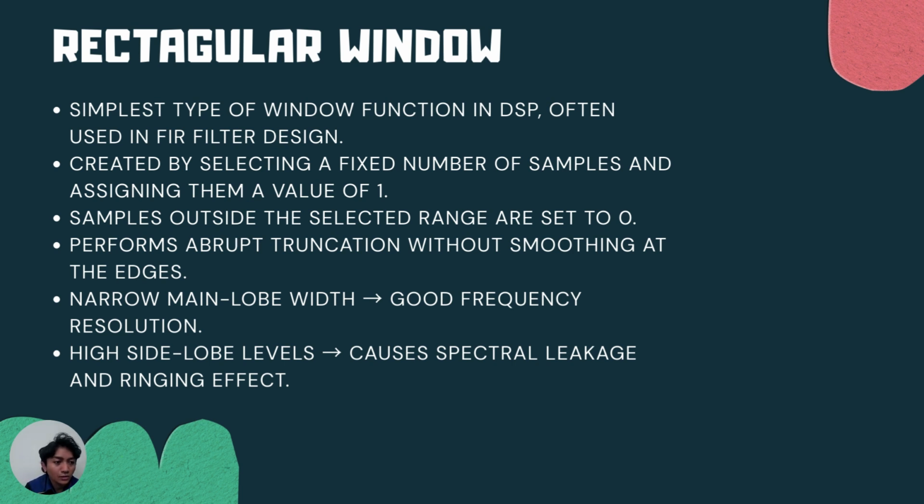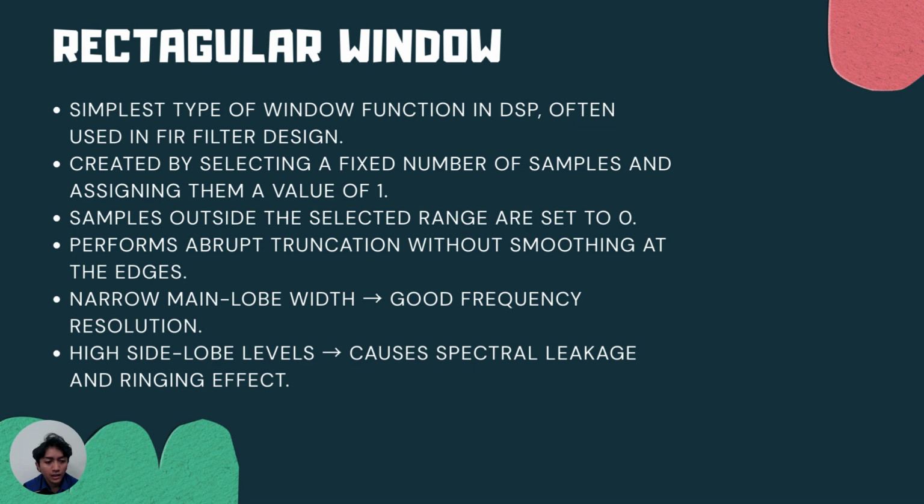Coming to the rectangular window. Firstly, the rectangular window is the simplest type of window function, easy to interpret and use in FIR filter design. Secondly, the rectangular window is created by selecting a set of values of the function and assigning them the value of 1.